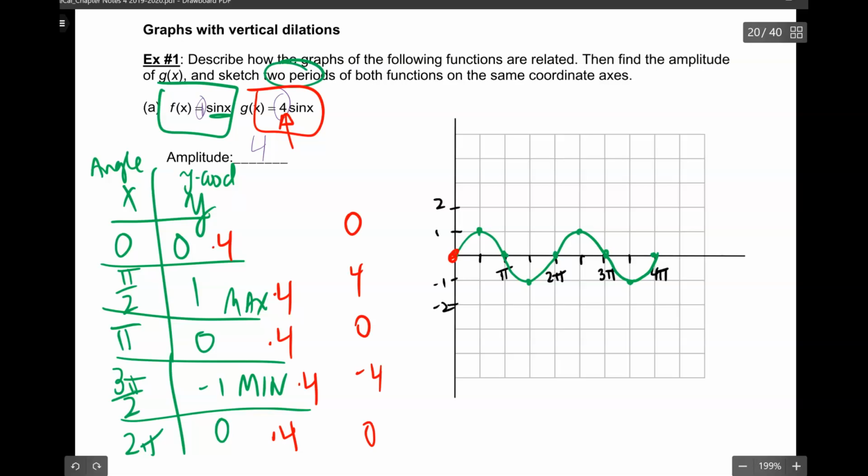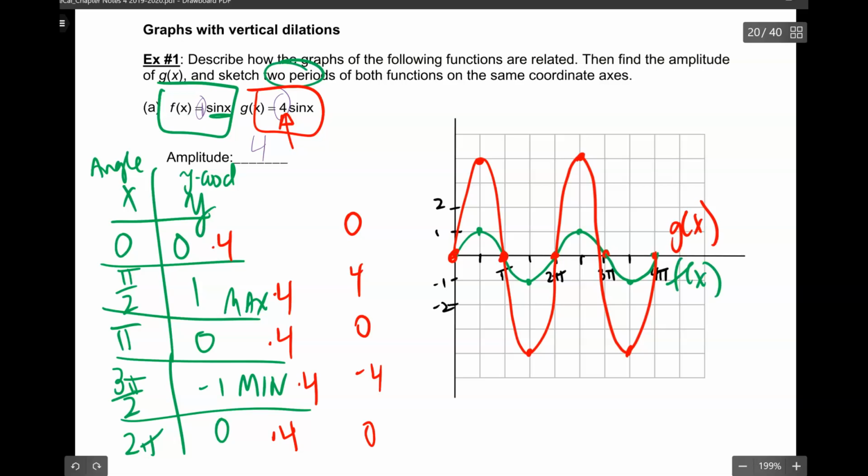So I'm multiplying 0 times 4, 1 times 4, 0 times 4, -1 times 4, 0 times 4, 1 times 4, etc. I'm just stretching it out by a factor of 4, so it's a much bigger amplitude. So this is my g of x, and the green was my f of x. So notice that I have an amplitude of 4 versus before my amplitude was 1.